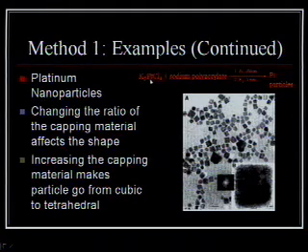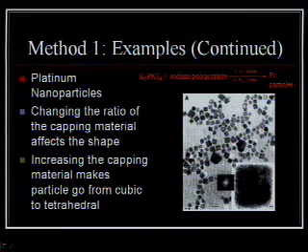So they just reduced platinum ions in the presence of hydrogen gas with sodium polyacrylate as the capping material. And they showed that changing the ratio of the capping material in this case is what affects the shape. So they started off with adding 0.2 milliliters of a 0.1 molar sodium polyacrylate solution, and they formed these cubes.